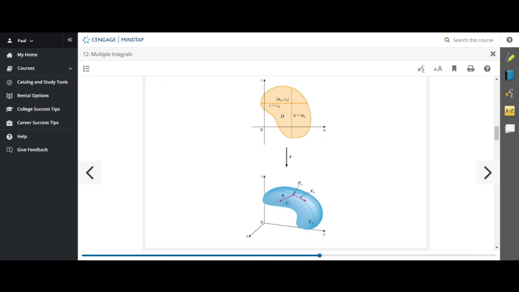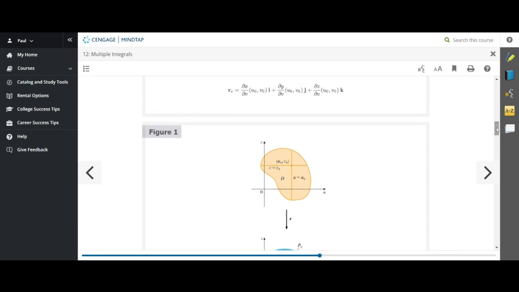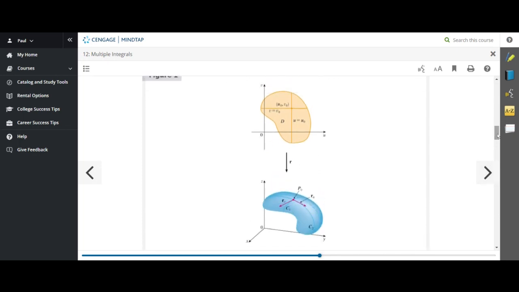Okay, so for instance, if you were to hold u constant, like set u equal to u sub 0, which they do up here in figure 1, well, the vector function of u sub 0 and v would trace out the space curve C1 on the surface, because when you set one of the variables constant, your vector function is a function of one parameter, and that's a space curve.